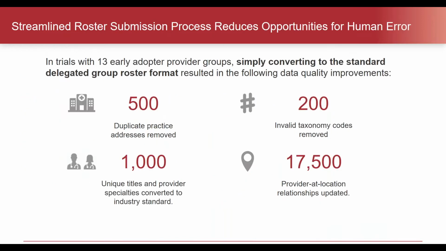In addition, with this standard format and standard data set, with our 13 early adopter groups just converting to the standard format even before going through the quality checks, there were data quality improvements. They've been able to clean up duplicate practice locations they've been sending for years, updating taxonomy codes to be applicable instead of potential typos that were there before. All of these encourage the plan to be able to automate some of these updates.